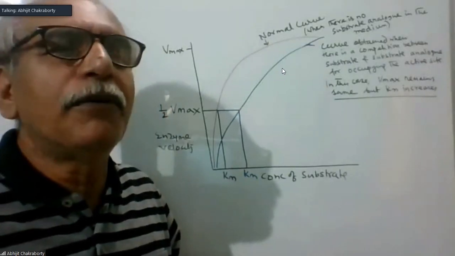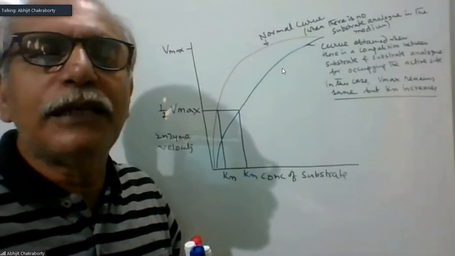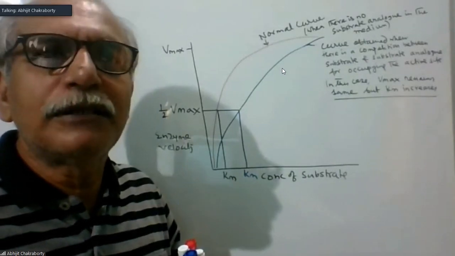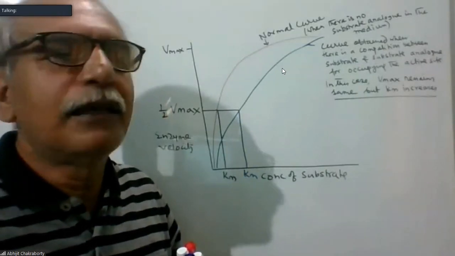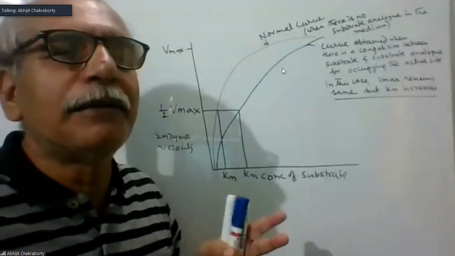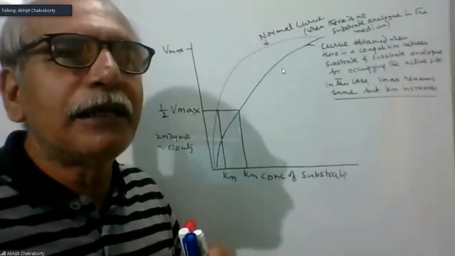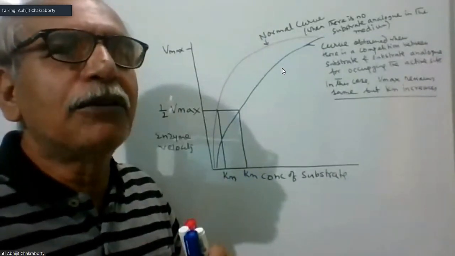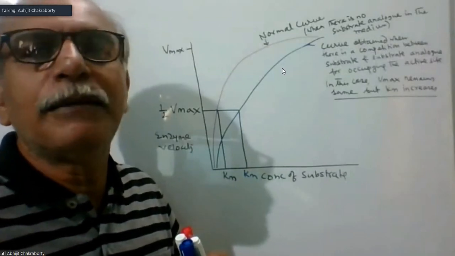Whenever any compound binds to this allosteric site, a conformational change of the active site occurs, so that the enzyme becomes either functional or non-functional. So one is non-competitive inhibition, second is irreversible inhibition, third is allosterism, which includes positive allosterism and negative allosterism.